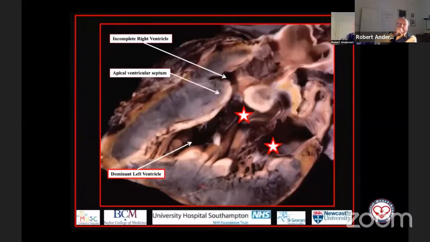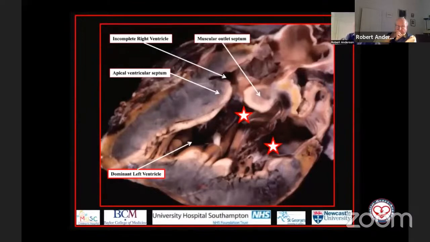And the communication between these two chambers is bounded apically by the apical ventricular septum and bounded cranially by the muscular outlet septum. And that is because one of the outflow tracts has been committed to the developing left ventricle.